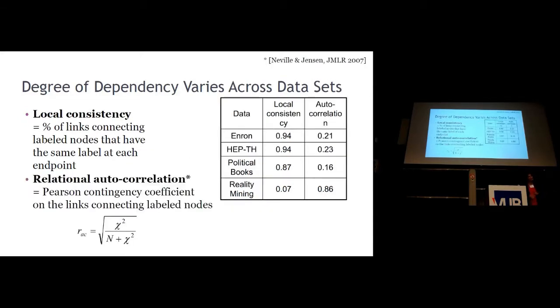The other one is relational autocorrelation. This is basically just the Pearson correlation, and you could do the math. For the Pearson autocorrelation, if the number of edges where both classes are the same is less than the number of cases where the classes are different, then it has a minus sign on it.